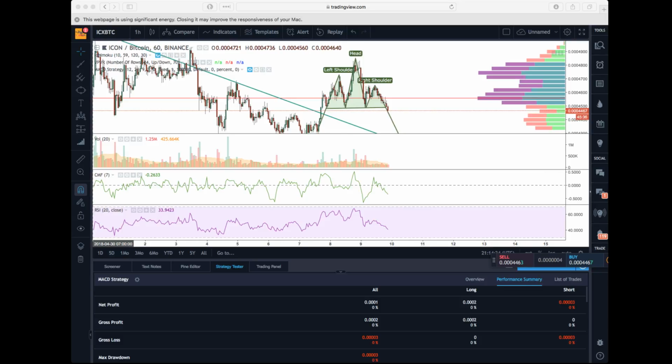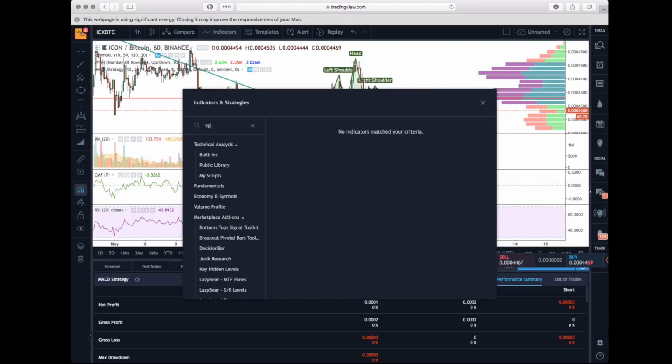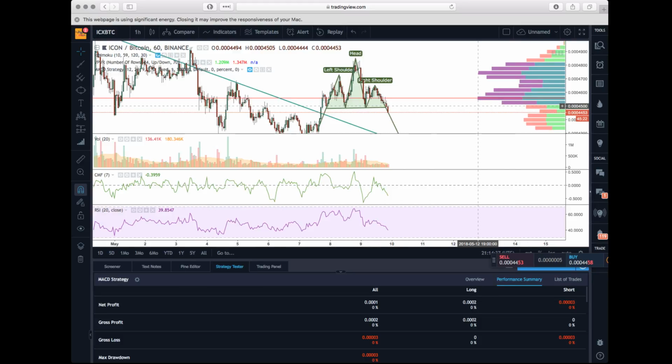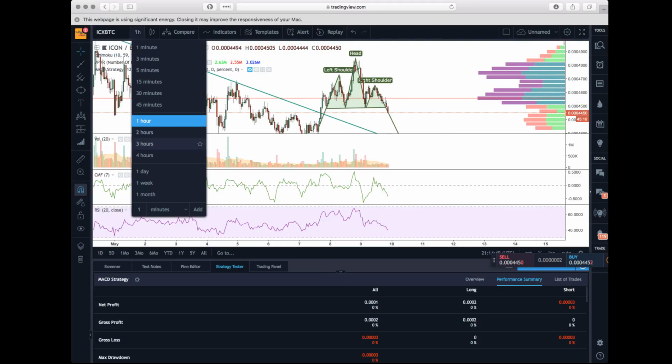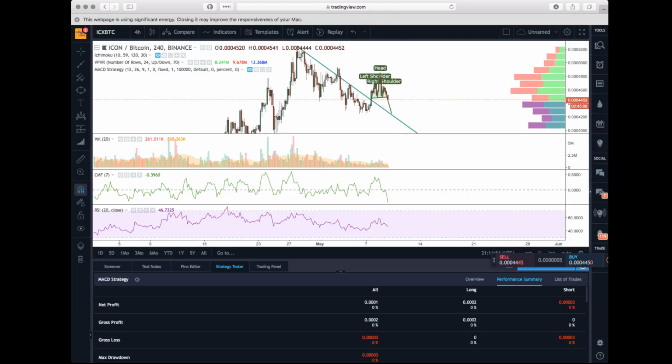Yeah. So if you just go to the indicators, it's the VPVR. This is the volume profile visible range. That's this over here. Now, what this is actually doing is showing you buying and selling in different areas of the chart, and it will automatically adjust based on the time frame that you're looking at and the amount of data that you're pulling in.